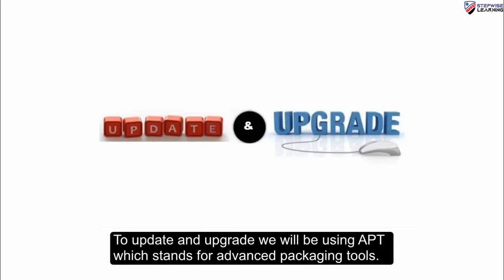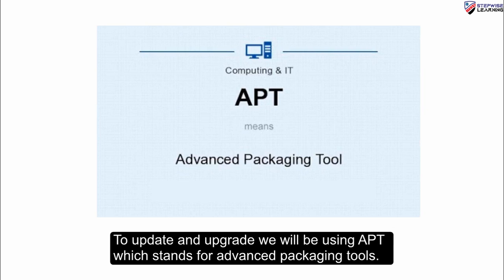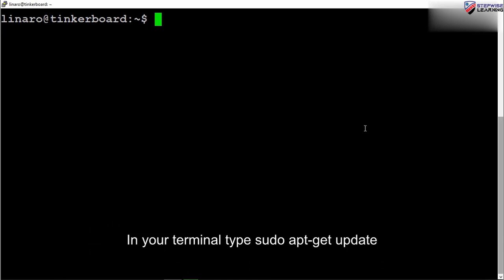To update and upgrade, we will be using APT, which stands for Advanced Packaging Tool. In your terminal, type sudo space apt-get space update.